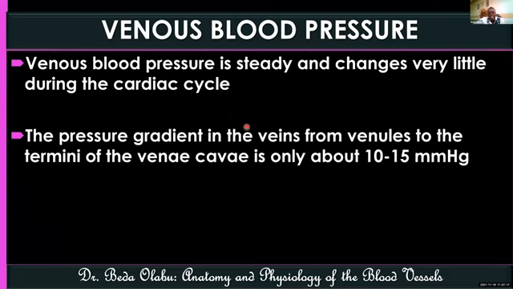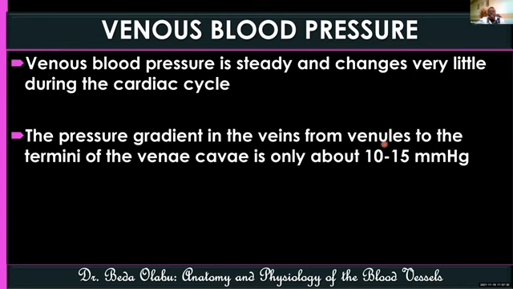The pressure gradient in the veins from the venules to the end of the vena cava is very low as well. We saw that the end of the capillaries was having 10 to 17.